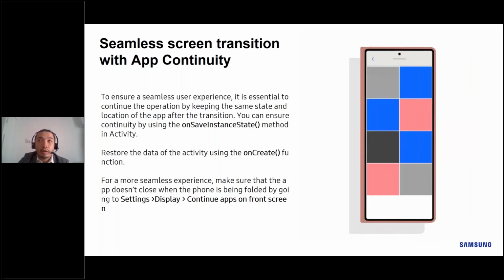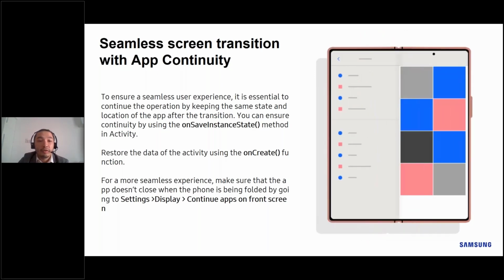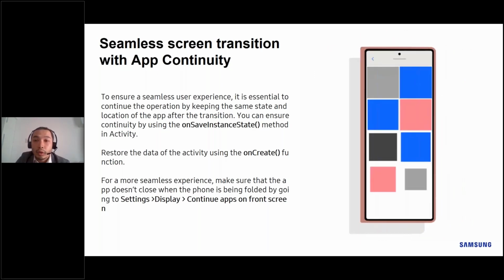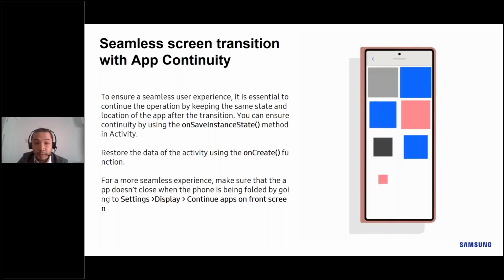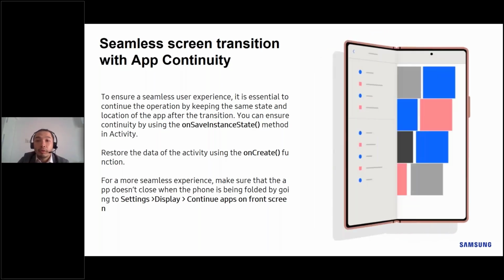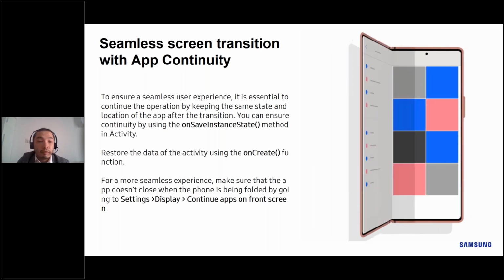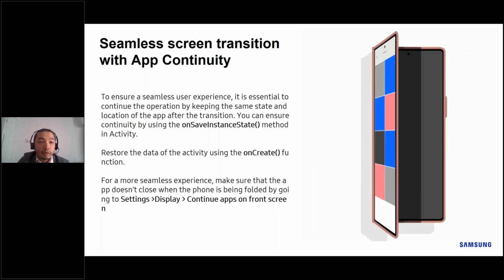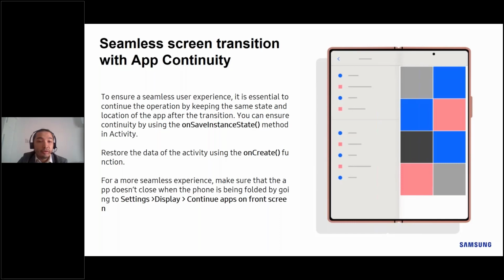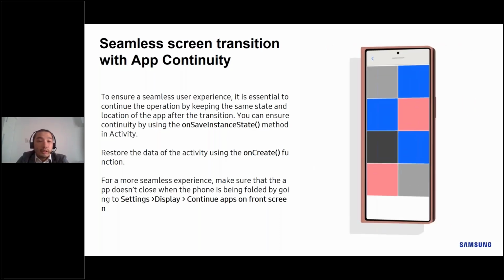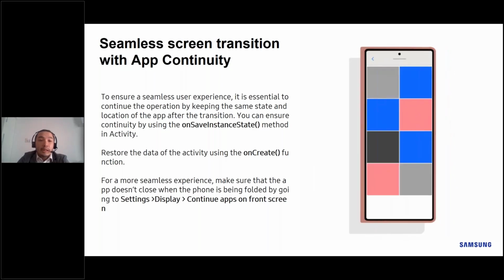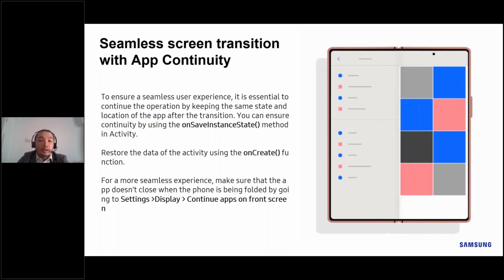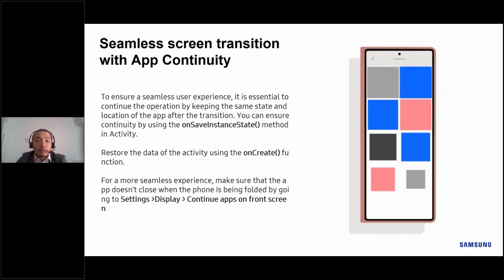As a developer, since the foldable devices have two screens, you can adjust your app to provide the best user experience to the user when folding and unfolding the device. Now, to provide a seamless experience to the user while folding and unfolding this device, the app must maintain its continuity to prevent data loss.